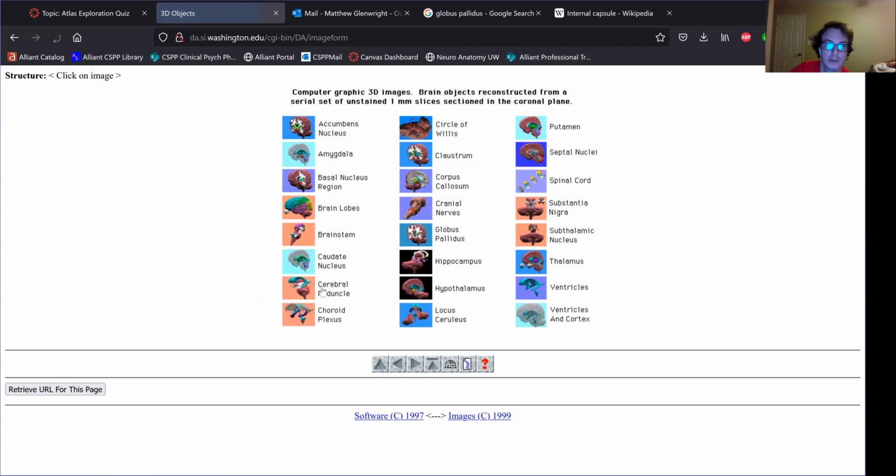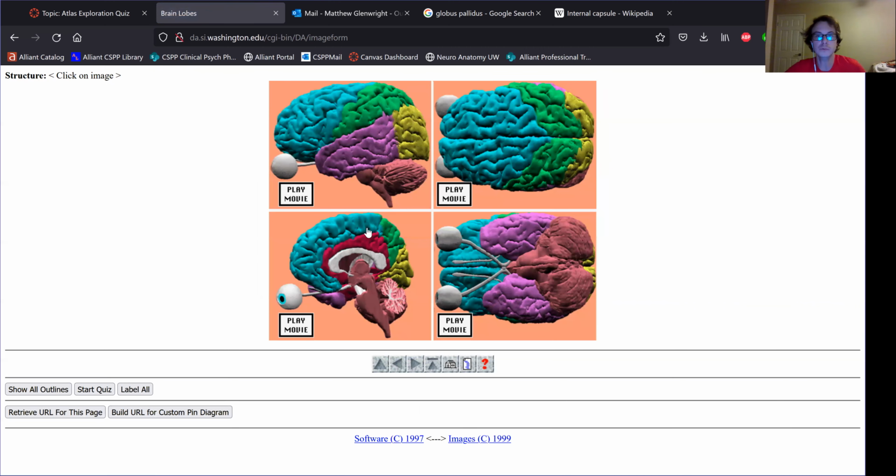So if we take a look at our brain lobes, you can see the frontal lobe, the parietal lobe, the occipital lobe, the primary visual cortex as well, and the temporal lobe. And the way that you can distinguish between the frontal and parietal lobes is the central sulcus.